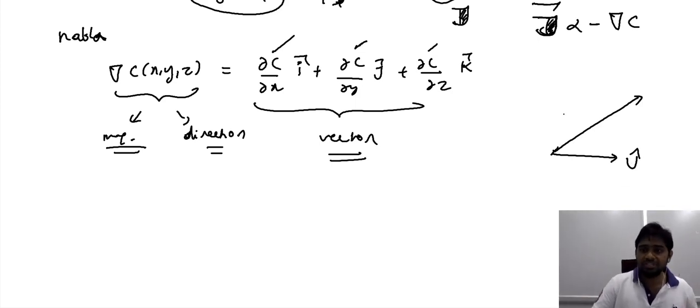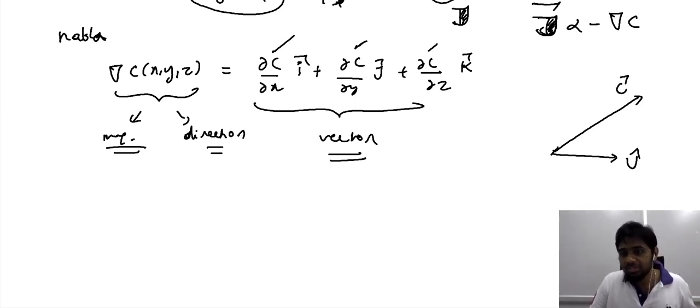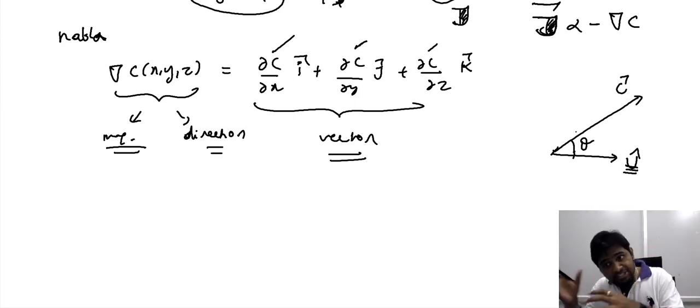If I am able to estimate this angle theta, then with respect to u cap I will be able to say how this particular vector is inclined. So when I introduce a unit vector and find the angle between the unit vector and my actual vector, I will be able to describe the direction of this vector.